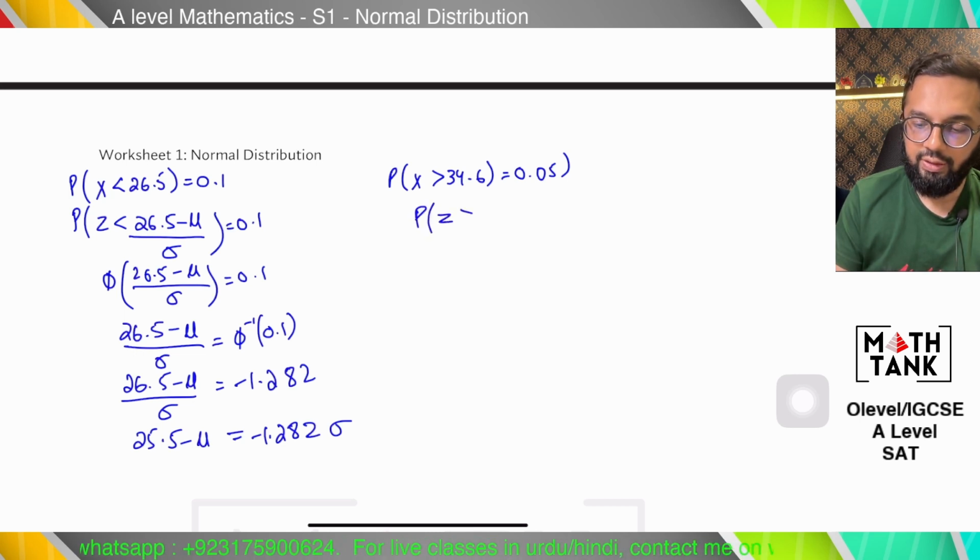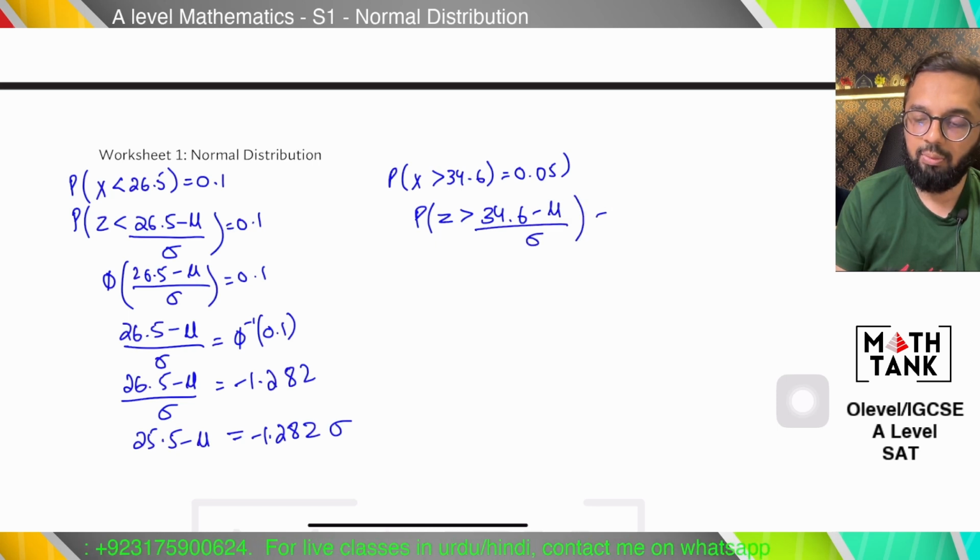Then probability of X greater than 34.6 equals 0.05.